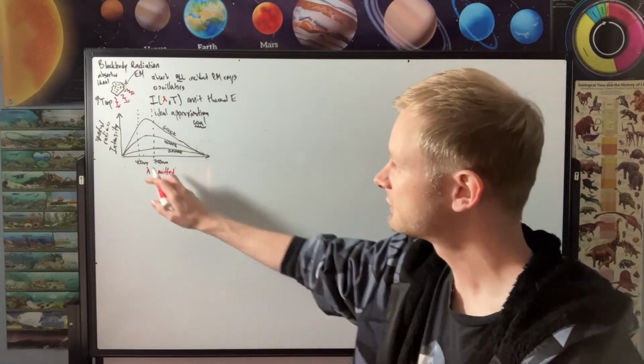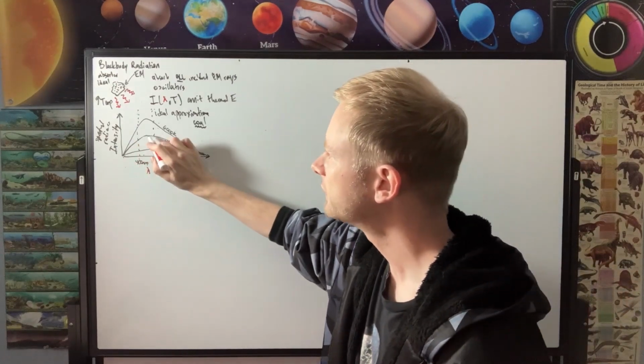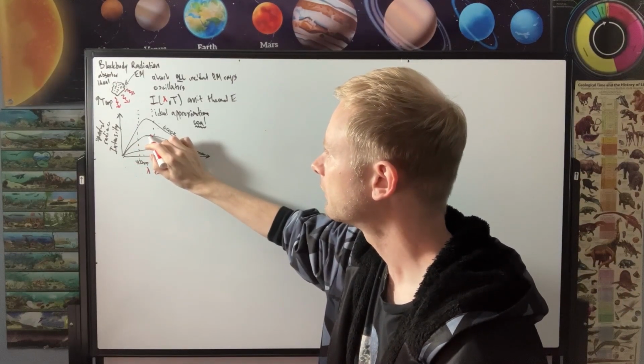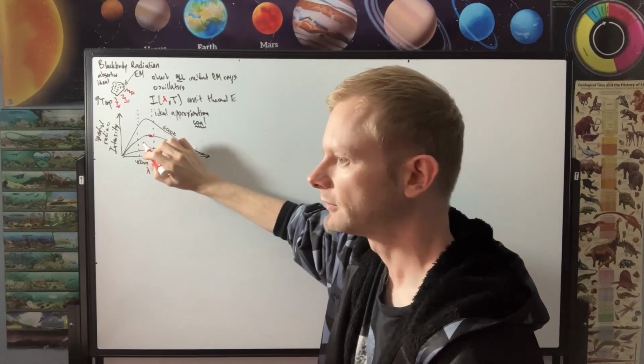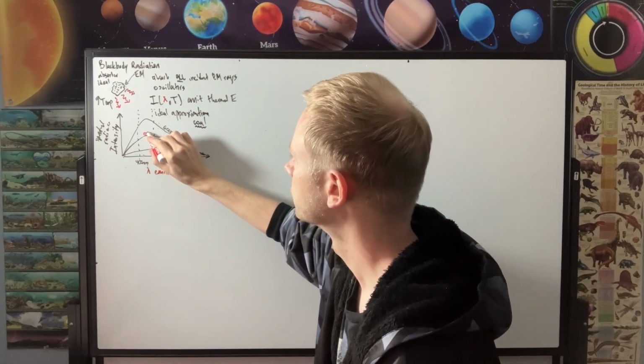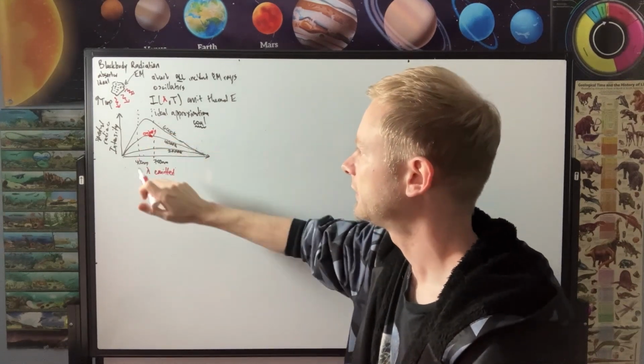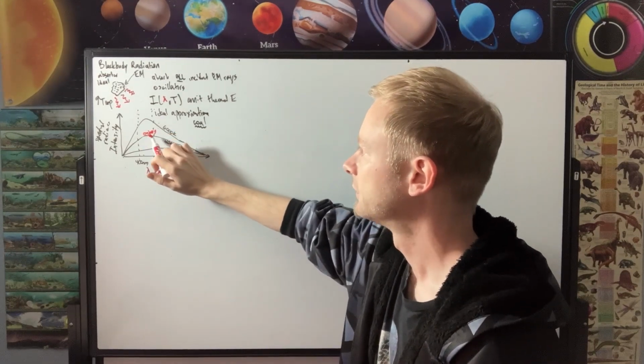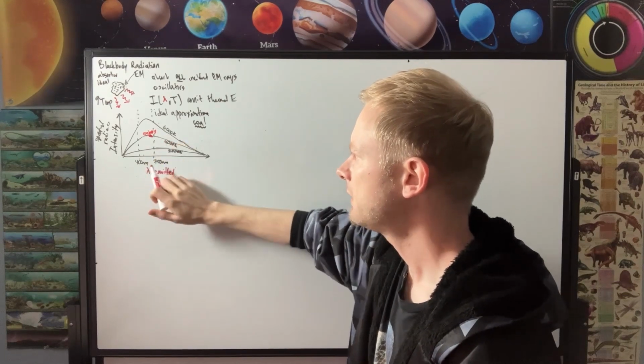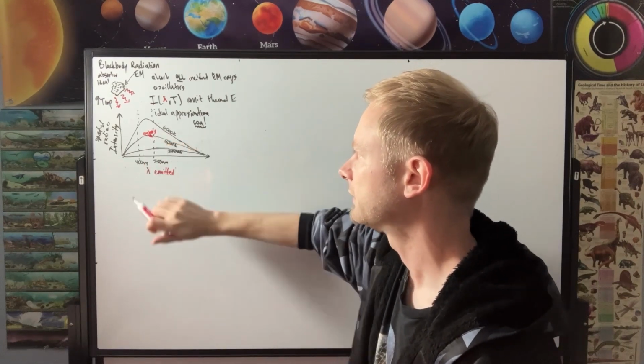So let's look at this visible light range right here. This is the part where we get a peak. In fact, this is basically like embers, and that's our coal heated to 4,000 Kelvin. The peak wavelength emitted is right there.